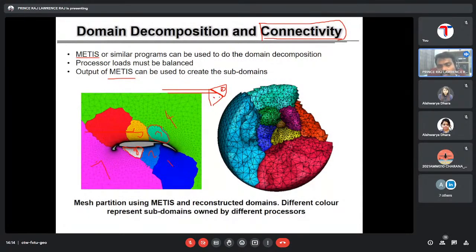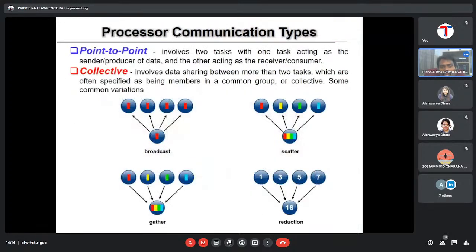So what data will it transfer? It will transfer pressure, temperature, density, and velocity components. That's it. This data will be exchanged between these cells. How you do the exchange comes under communication, which we call processor communication.